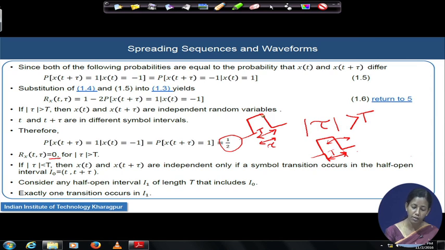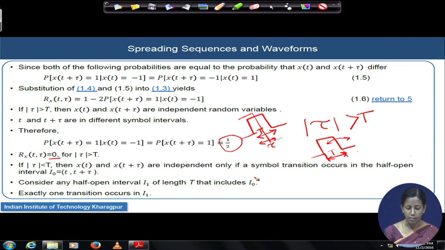It may happen only if some transition occurs. By the time the delay has happened, the transmitted symbol has had a transition like this. So the delay was less than capital T, but in such a fashion that a transition had already happened within the symbol period. In that situation, x(t) and x(t+tau) are again uncorrelated.